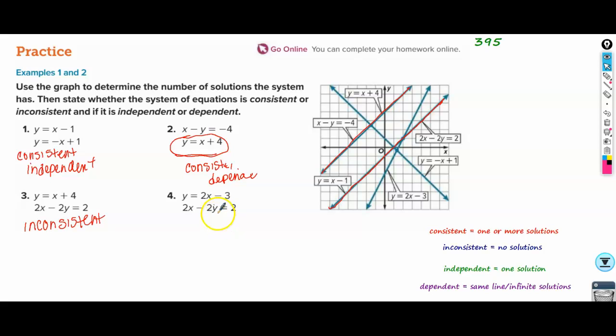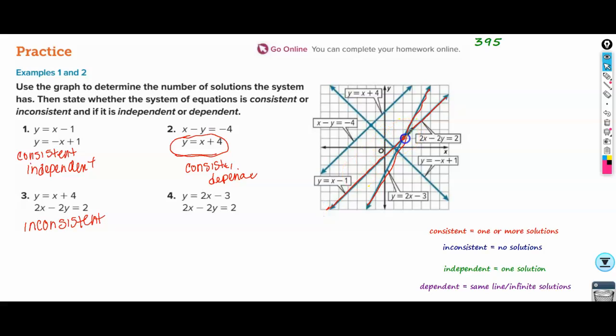All right, number 4, let me erase these. I'm not in love with this little picture they've given you, clearly. Number 4, we have y equals 2x minus 3. Y equals 2x minus 3 is this line right here. And 2x minus 2y equals 2 is this line right here.